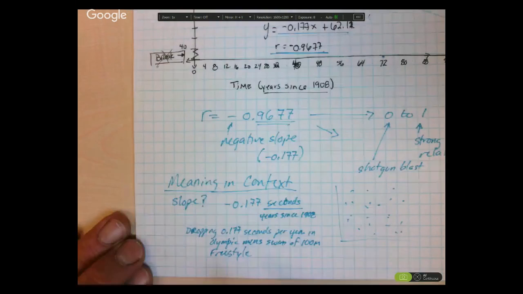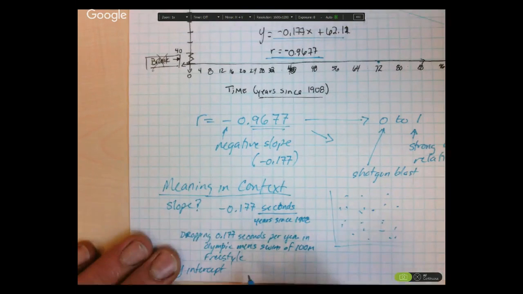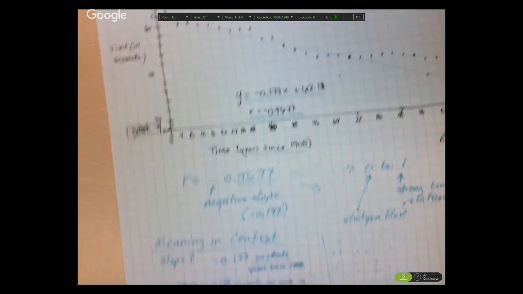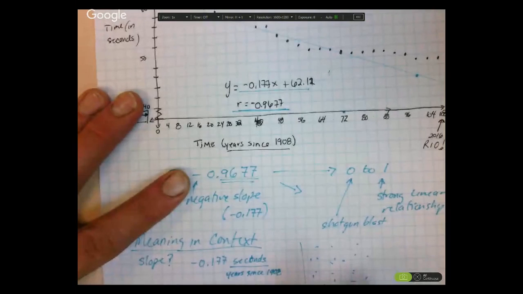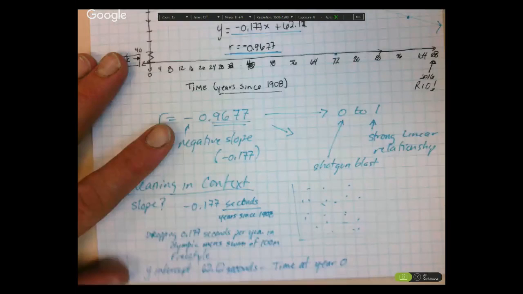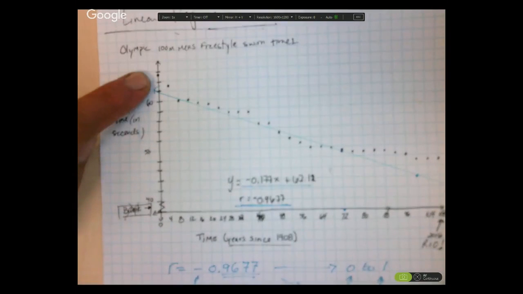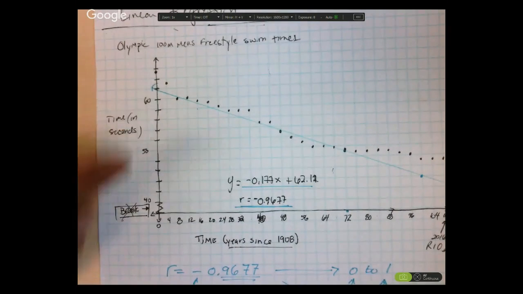The y-intercept was 62.12 seconds. So this was the time at year 0, right? Here's year 0, the y-intercept on the linear regression model, 62.12.